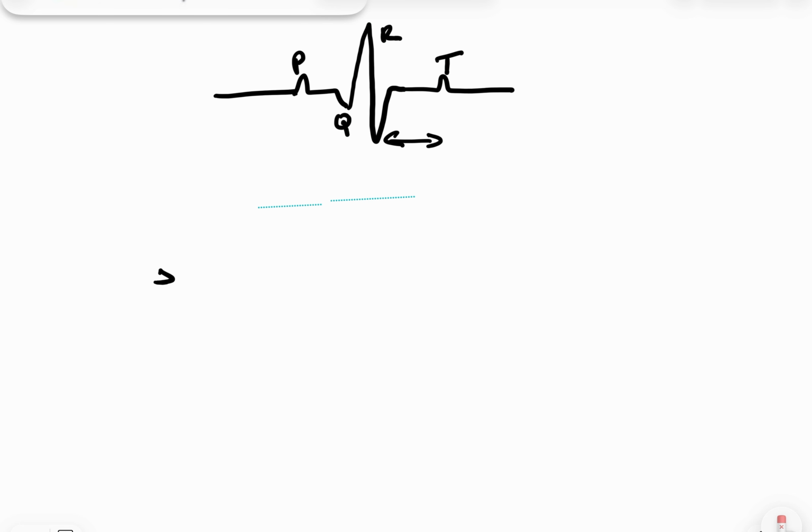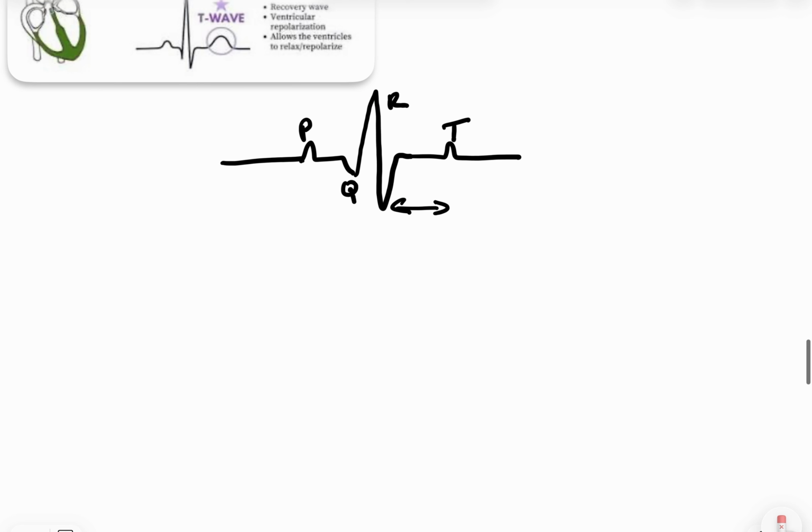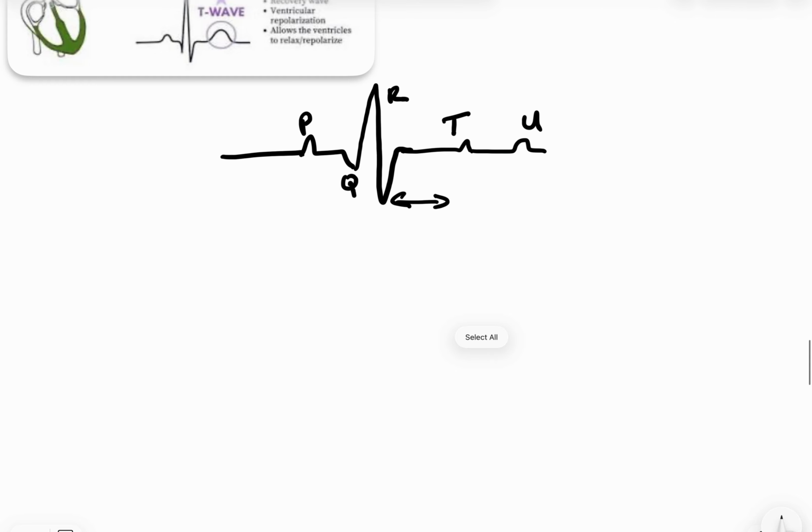Remember I was saying that in some cases, the patient might have a U wave. After the T wave, sometimes a U wave comes. In case a patient has a U wave, this has been asked many times. You are looking at an ECG of a patient and you can see a U wave. What probably is the diagnosis?